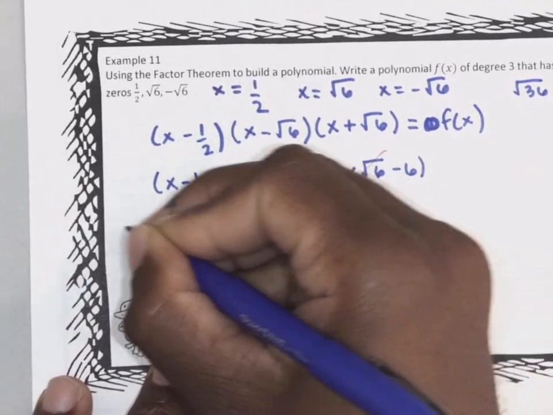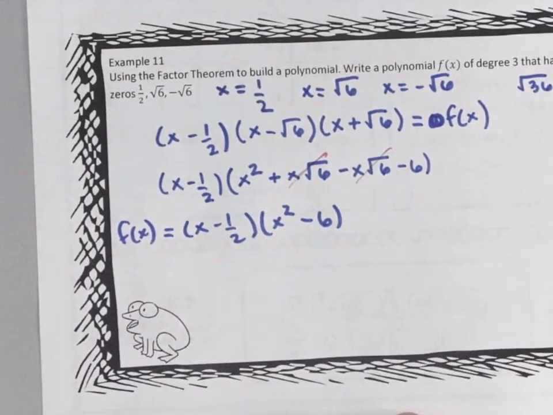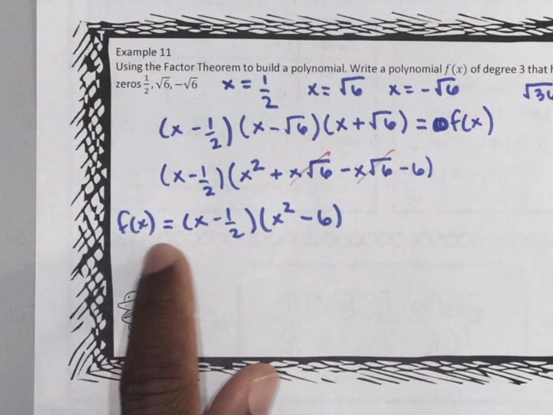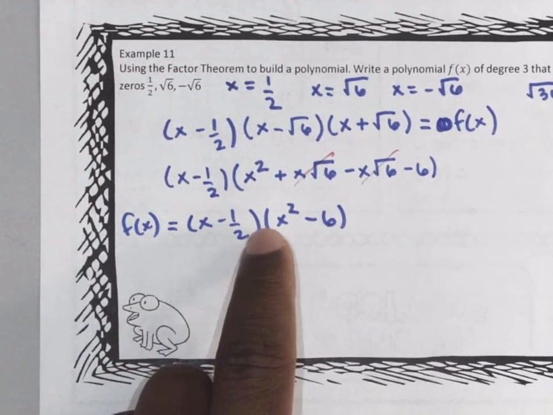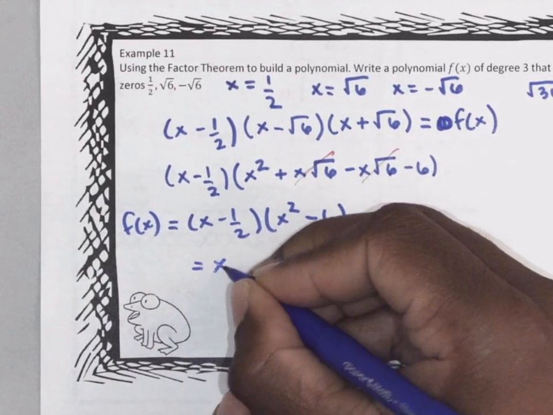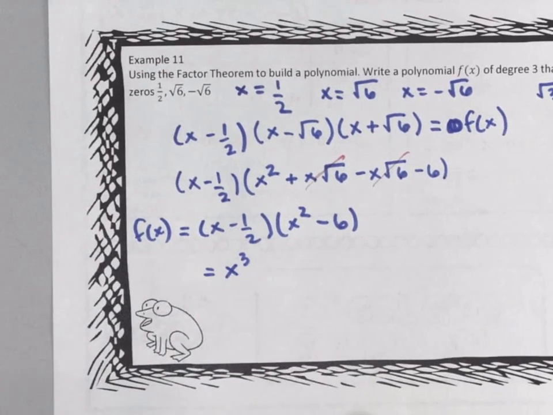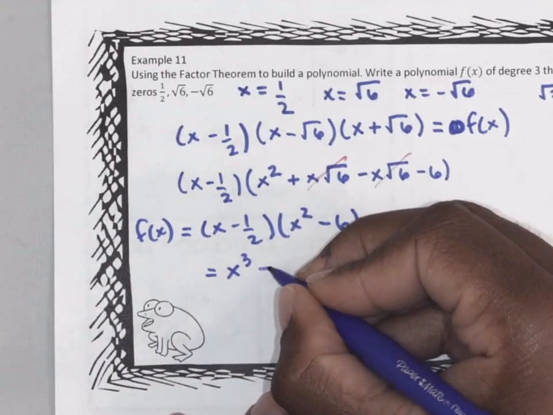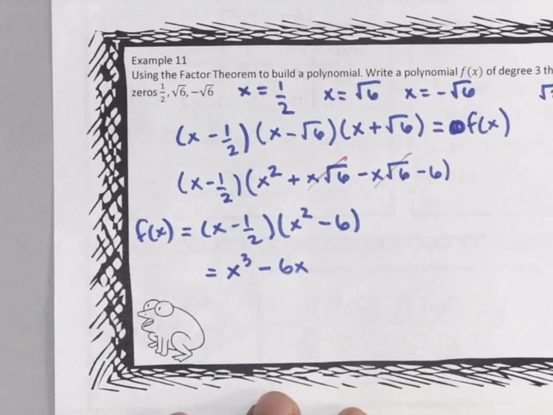What do you think we have to do now? Multiply, right? Same thing as before. So we FOIL again. First times first. Good job. Outer times outer, x times negative 6. Good job.